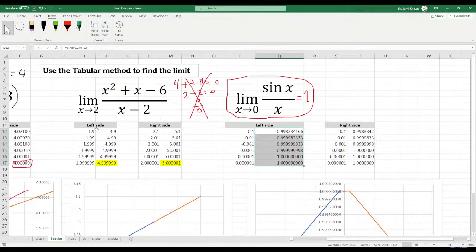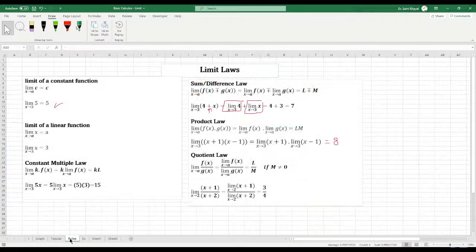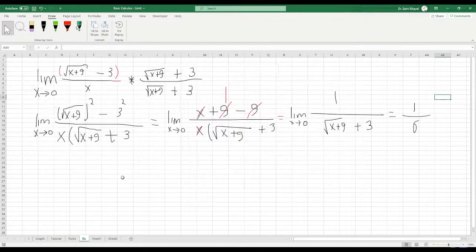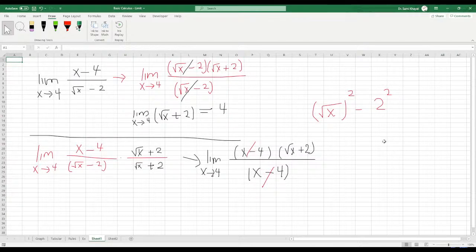If you have a function, how to find the limit of that function, if it exists or does not exist. If it exists, how much, by using these tables. And we talked about the laws of the limits to apply them. And then we had some examples. We solved a simple one, how to solve it if it is like this, then if you have something like that, how to solve it.